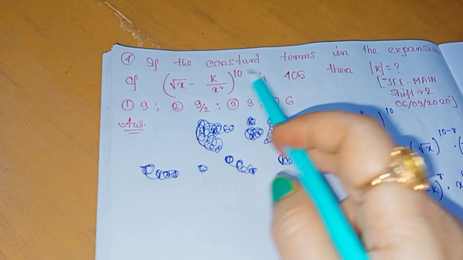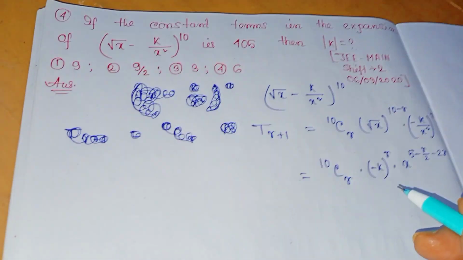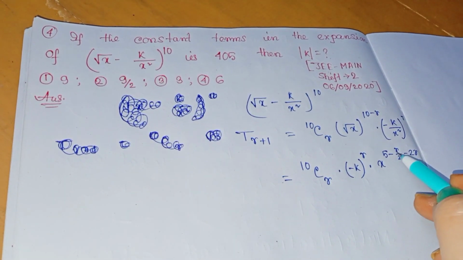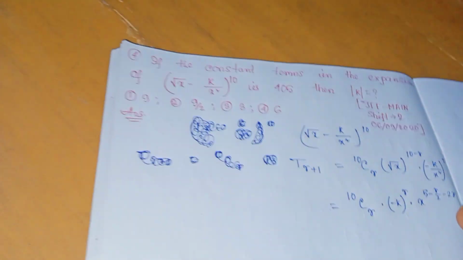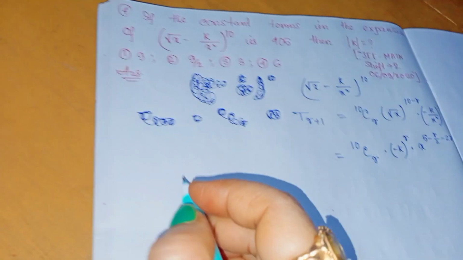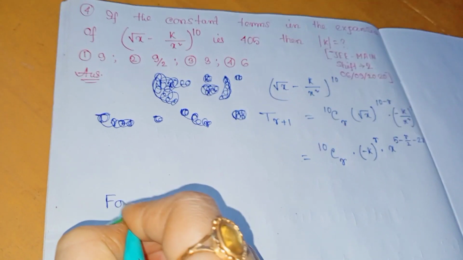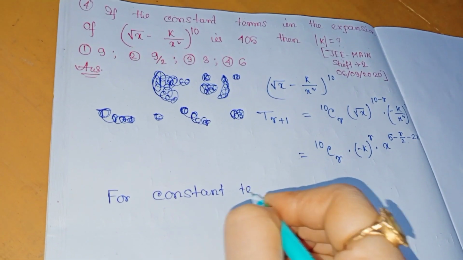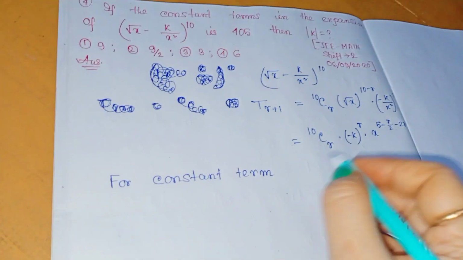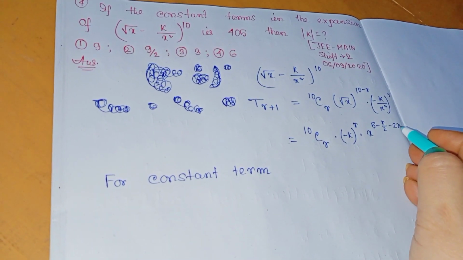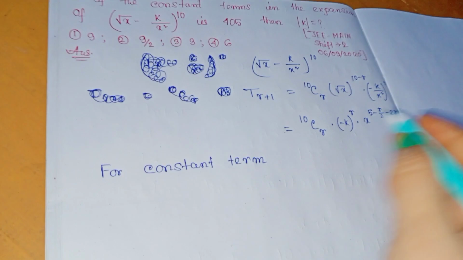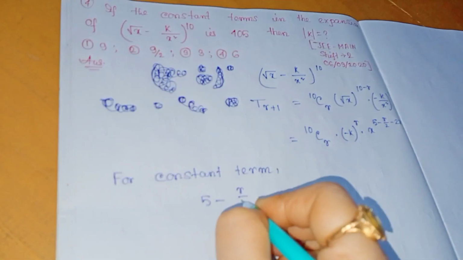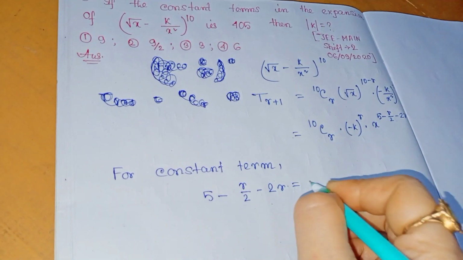If the term is constant, then the power of x becomes 0, as x to the power 0 is equal to 1. So for the constant term, (10 minus r) by 2 minus 2r is equal to 0.